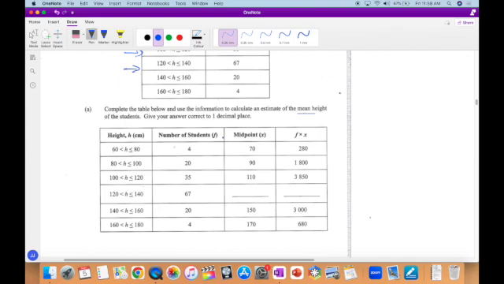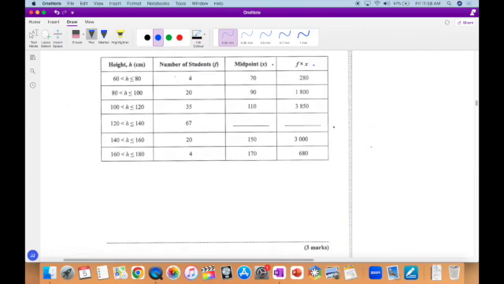So we could see immediately that they have midpoint and they have this f times x thing. So we will have to remember that the mean is the summation of f times x all over the summation of f. And the summation of f is the total amount of students, so that'll be 150.